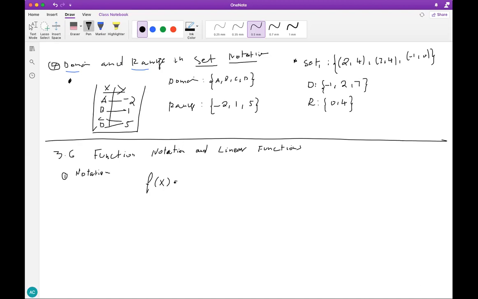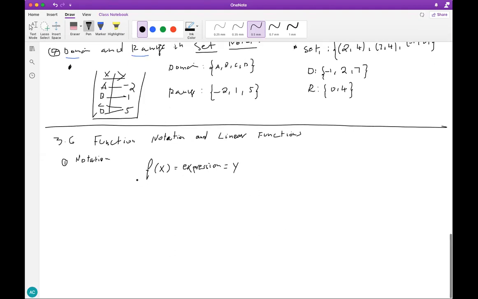And then we have some expression, which is also equal to some value called y. That's the function notation.